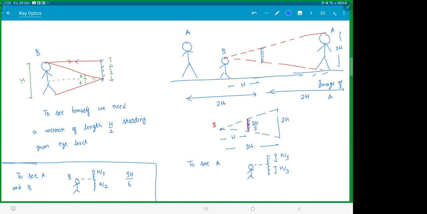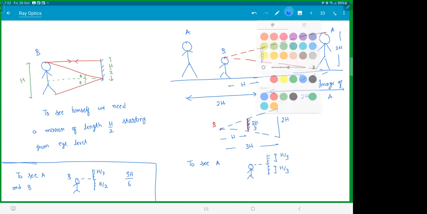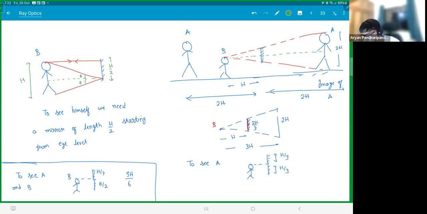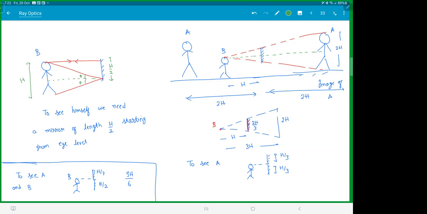It's the by 3 part. See now. This is the mirror, right? Aryan, in order to see the other person, this is the mirror, isn't it? And what was its length? 2h by 3 total. Yes, you got it. That means h by 3 above your eye level, h by 3 below your eye level. So how much do you need below the eye level? H by 2, so that you can see yourself.